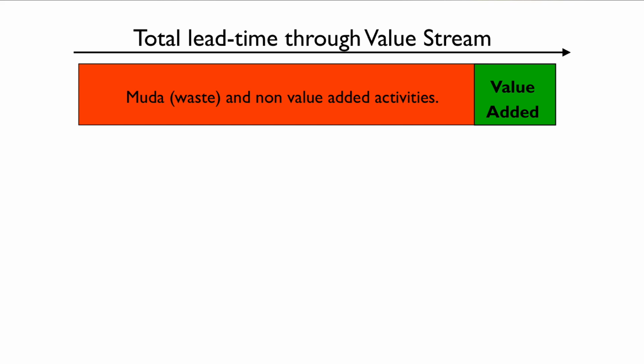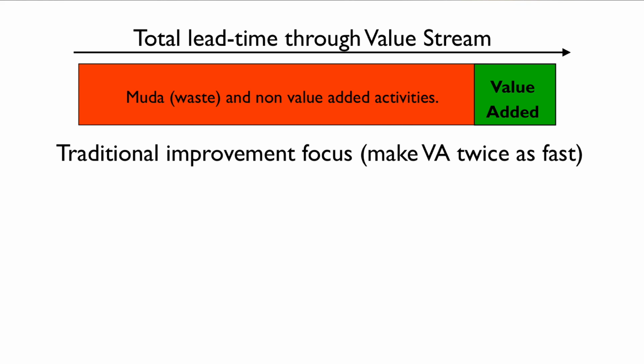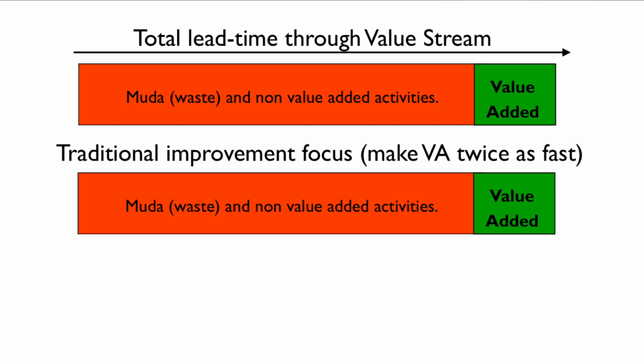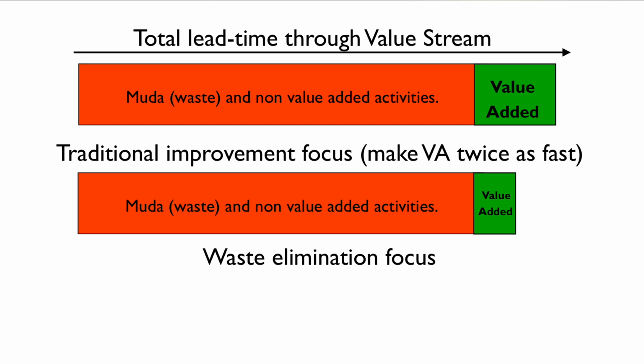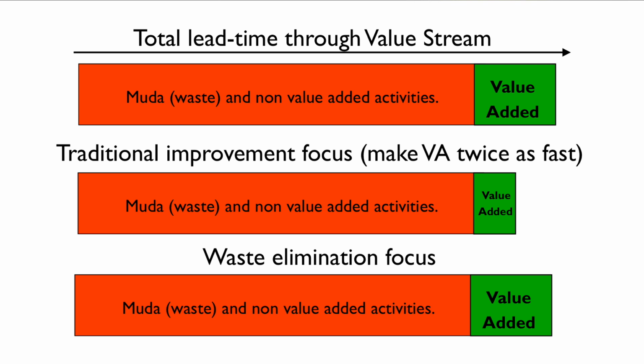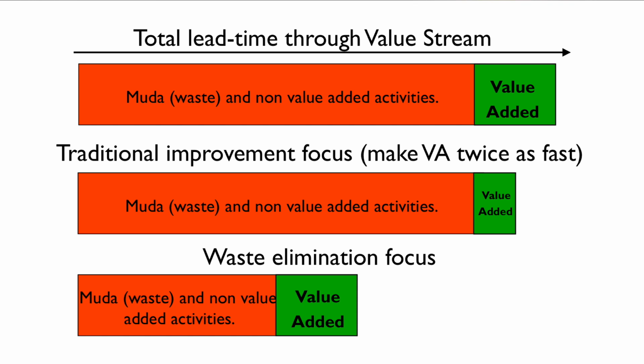Unfortunately, what we often see companies do is focus on the value-added portion of the lead time. In other words, as an example, they work to save a few seconds or minutes of machine or operator cycle time in order to reduce the overall lead time. And while this isn't necessarily bad, there's far more opportunity in focusing on reducing the waste in the process first before worrying about the value-added steps.